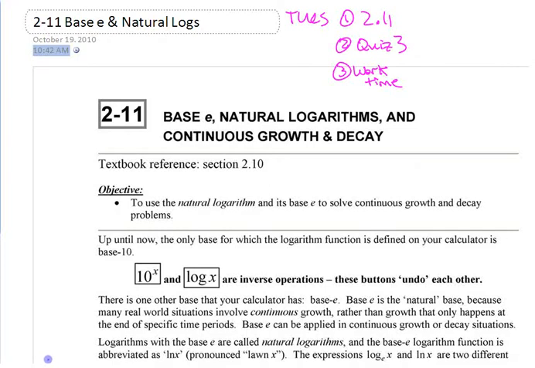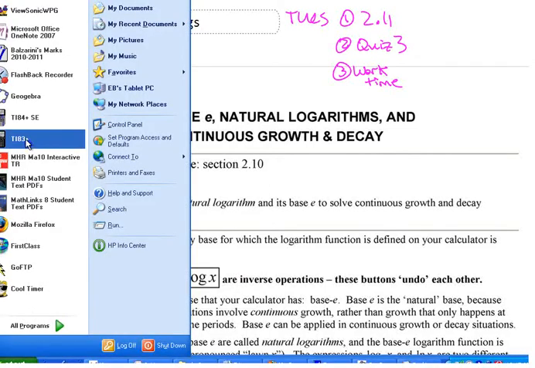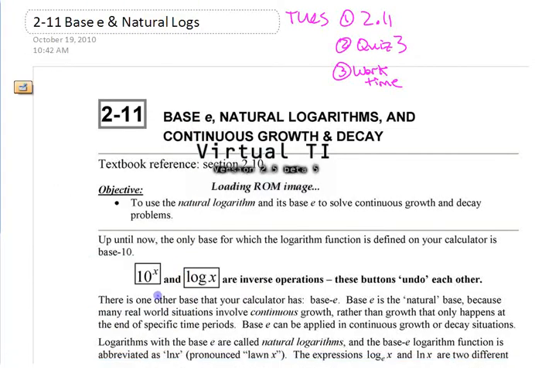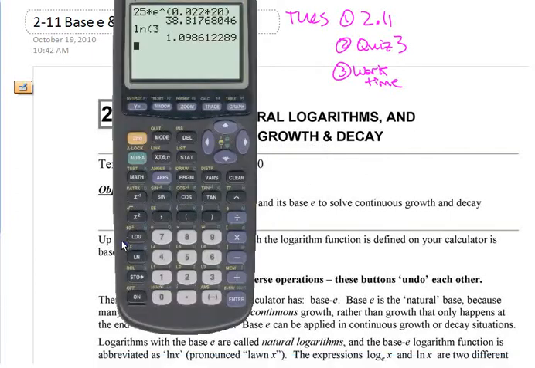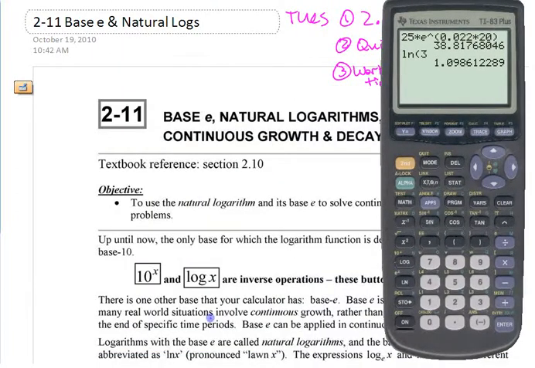On your calculator, if you have a standard calculator of some sort, like this one, it has base 10 and base 10 logarithms. Up till now, any base you want on here, 2 to the 8th, 2 to the 6th, 3 to the 4th, 5 to the 6th.